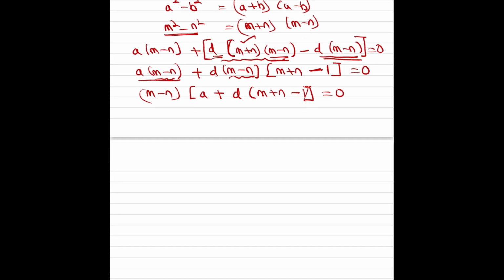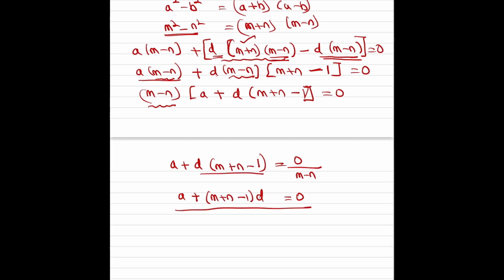Since m minus n is not zero, we divide it out, as 0 divided by anything is 0. So a plus (m plus n minus 1) times d, as it is, equals 0. This is one equation.